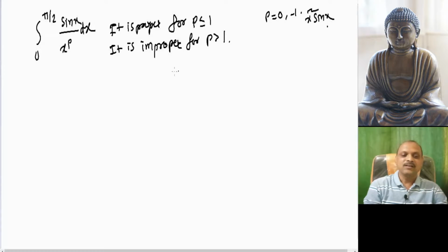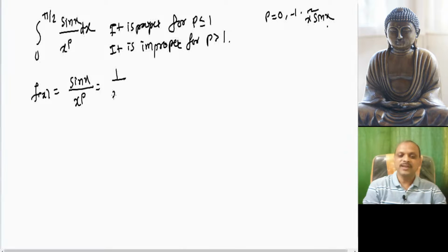Now if my f of x is equal to sin x divided by x raised to p, we write this as 1 divided by x raised to p minus 1 into sin x divided by x. Then we know that the modulus value of sin x divided by x is less than or equal to 1.